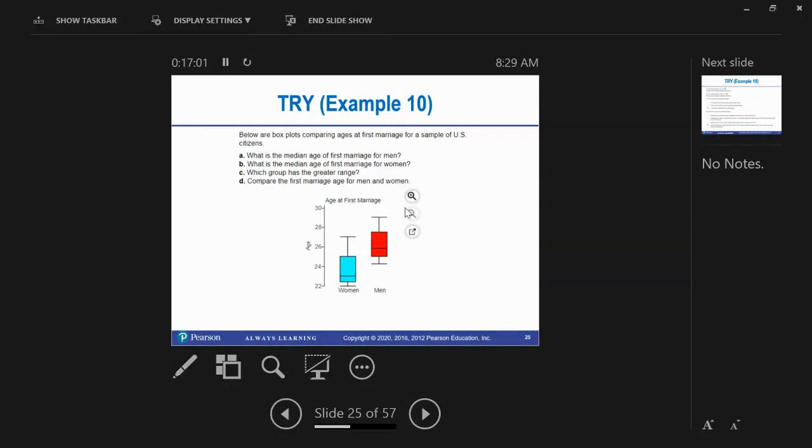Okay, see if you can try this. Can you all read that okay? See if I turn these lights out. Any better? Not really?